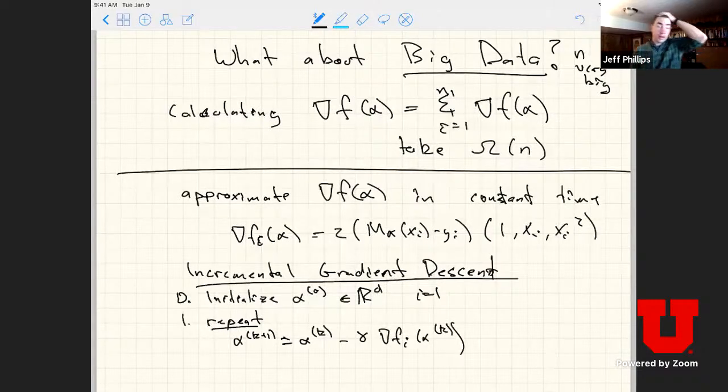So I'm going to update this. I'm also going to have k equals 0 here.